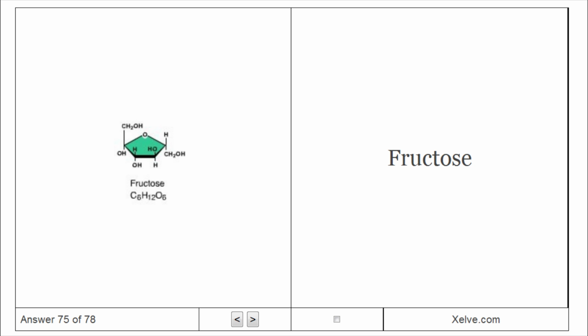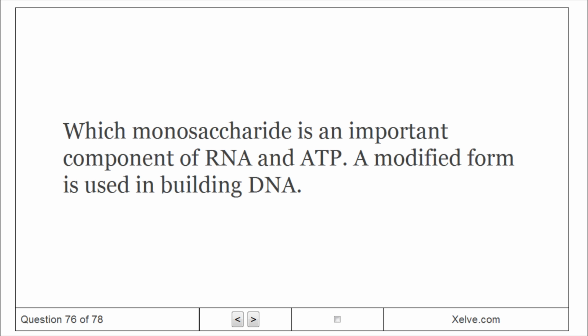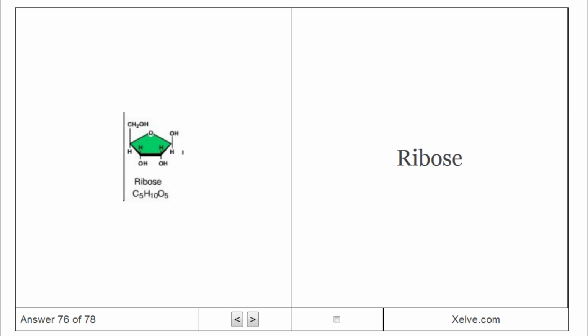Fructose. Which monosaccharide is an important component of RNA and ATP, a modified form of which is used in building DNA? Ribose.